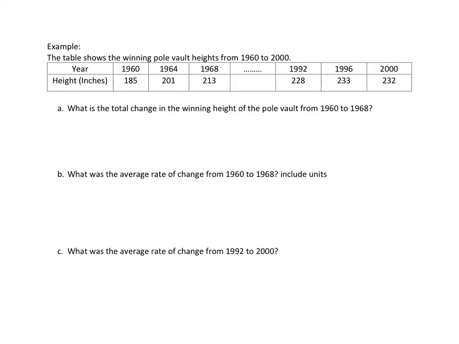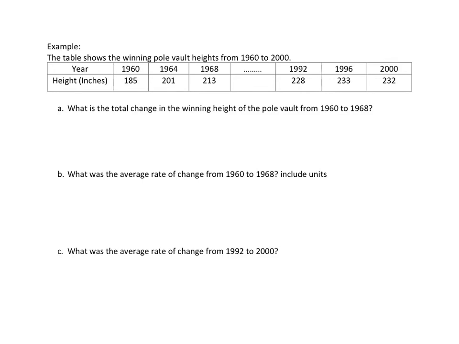So let's look at an example where we're going to calculate some average rates of change. The table below shows the winning pole vault heights from 1960 to 2000, but we've got a little gap here, so we've really got kind of the beginning of tracking this data and the end of tracking this data with the little gap in between. So what is the total change in height of pole vaults from 1960 to 1968?